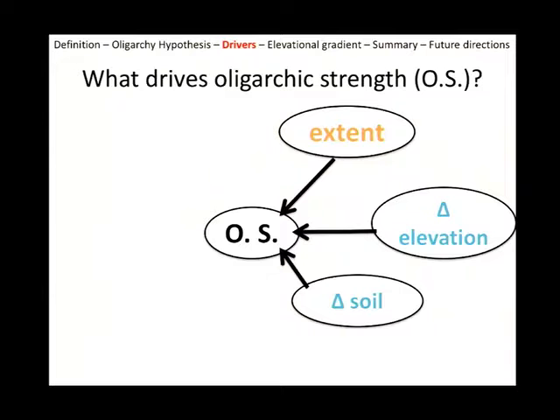If the common species are aggregated in the space, imagine that we have a common species concentrated in a given area, and our studied region is more or less of the same size of that cluster of individuals, then that species is abundant and frequent all across our region. If that happens with all the common species, the pattern is a strong oligarchic pattern.